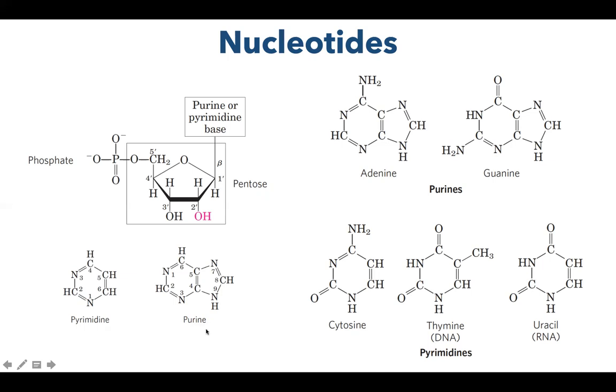If it is purine, the one with the shorter name, it has 2 fused rings. So your purines include your adenine and guanine. You can use the mnemonic PAG. Meanwhile, for your pyrimidines, you have CUT, or you can add PY. And here we have PU to help you remember them better.